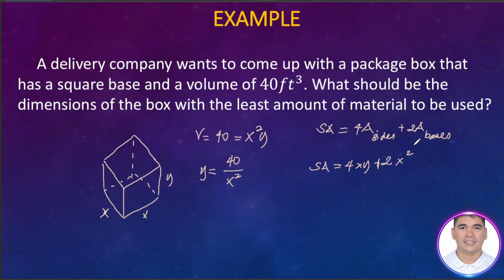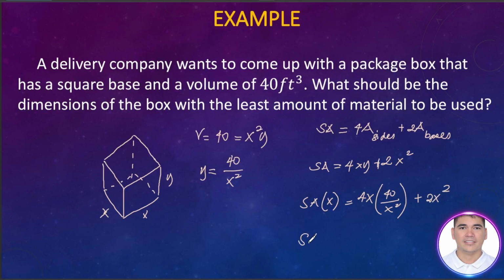But we have to express the function in terms of one variable. So in this case, we're going to choose x. So we have SA equals 4x, and then for y, we substitute its value, 40 over x squared, plus 2x squared.